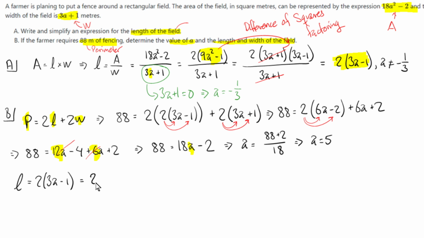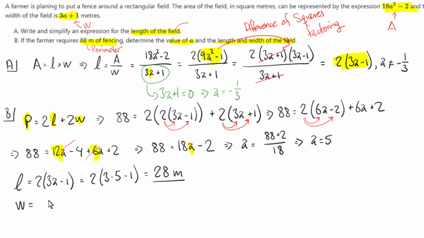So it's going to be 2 times 3 times 5 minus 1. 3 times 5 is 15, minus 1 is 14, times 2 is 28. So the length is 28, and the unit here is meters. So 28 meters.